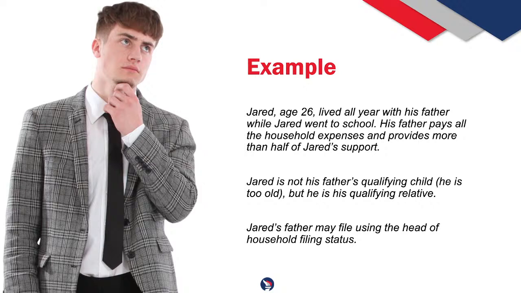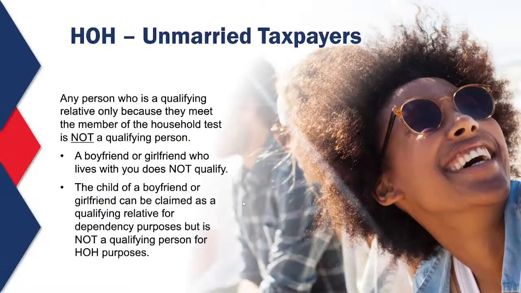So you can't change this and say, well, it was the girlfriend's daughter and the boyfriend's going to try and claim her for head of household. No, there's no relationship there. It's the girlfriend's daughter. Yes, she can be listed as a dependent on the tax return, but since there's no actual relationship there, she can't be listed for head of household purposes. Any person who is a qualifying relative because they meet the member of the household test is not a qualifying person.